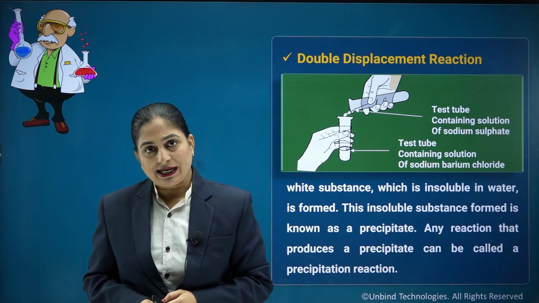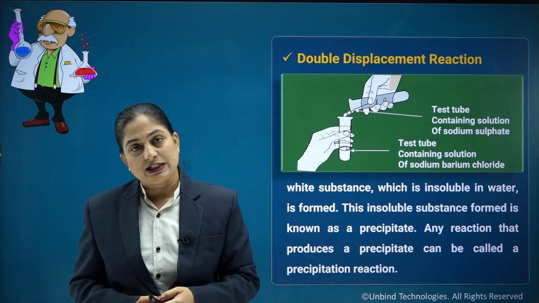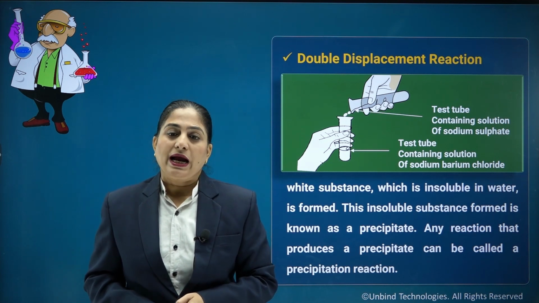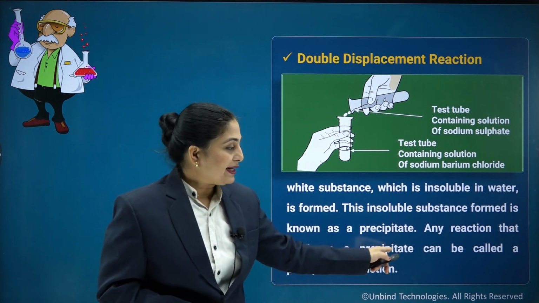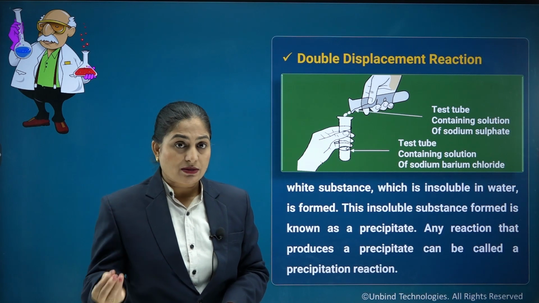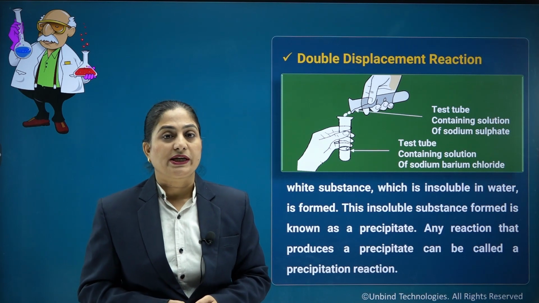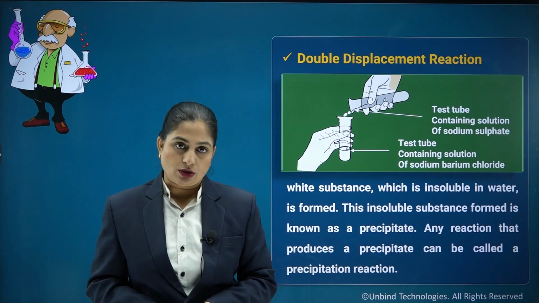So we can say that intermixing or exchange of ions takes place between these two salts, and finally we observe that a precipitate of barium sulfate has been formed. Where the double displacement results in the formation of a precipitate, we call such reactions precipitation reactions also.